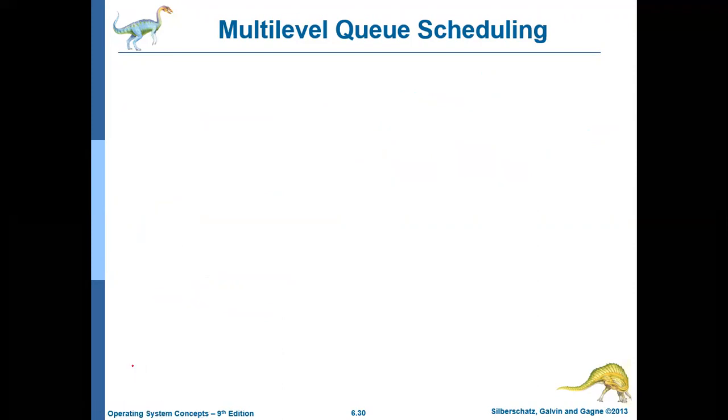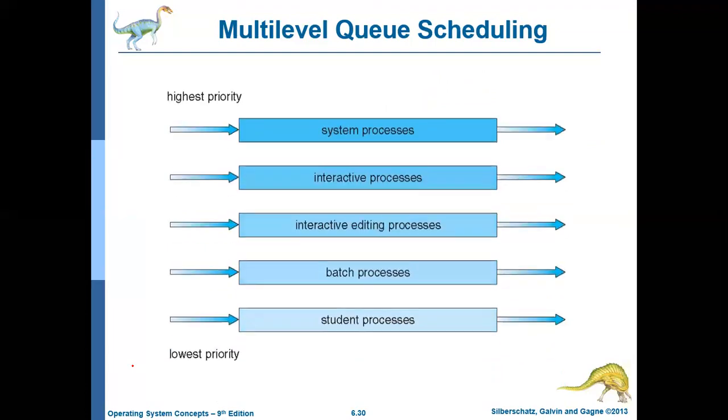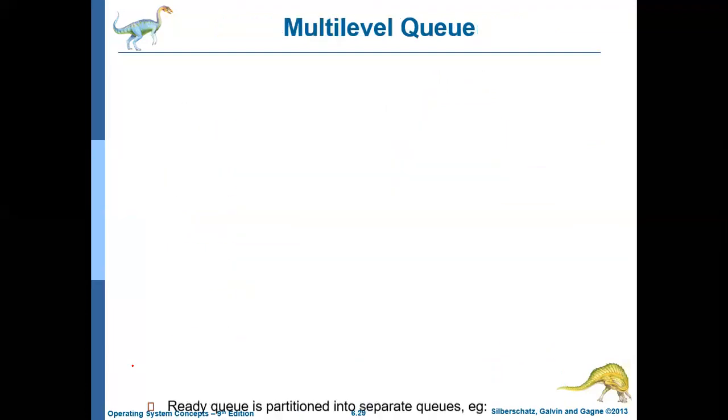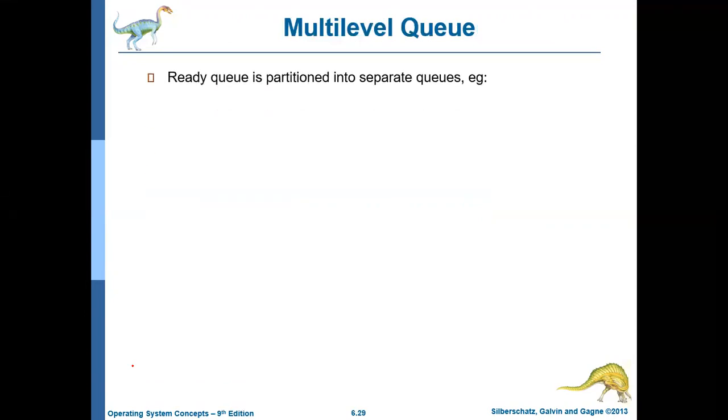Basically, in a multi-level queue scheduling algorithm, the ready queue will be partitioned into separate queues, and whenever a new process comes, it will be assigned to one of the queues depending on the memory required by the process, the process priority number, or the type of the process.